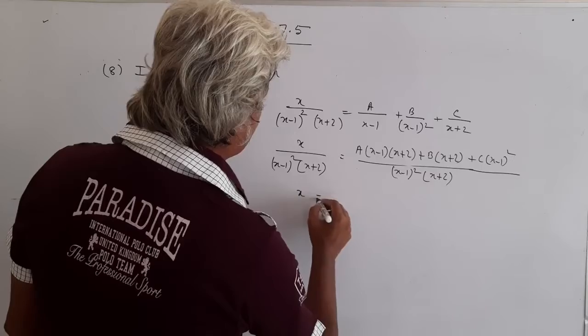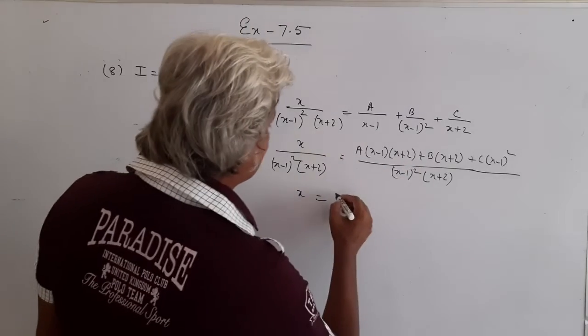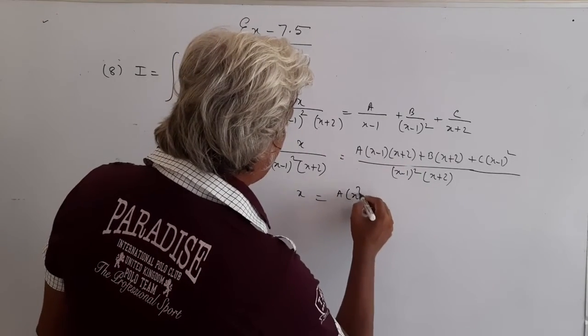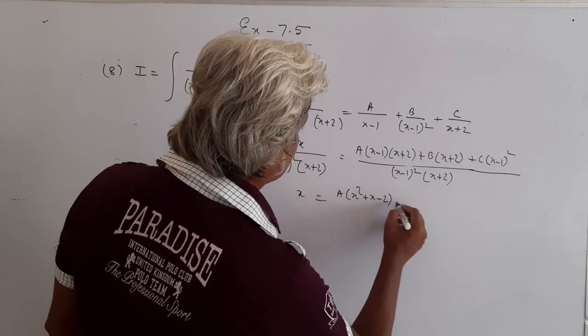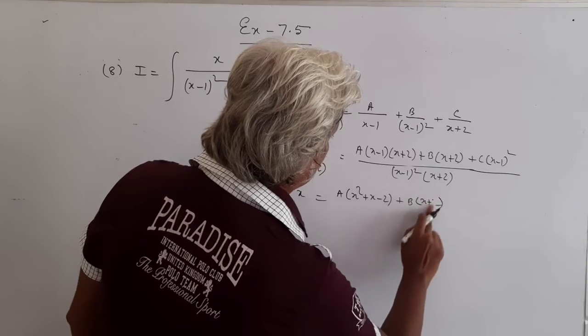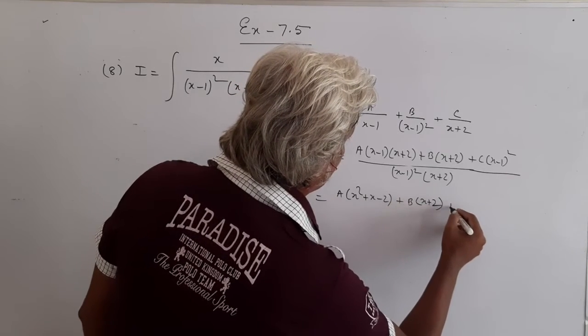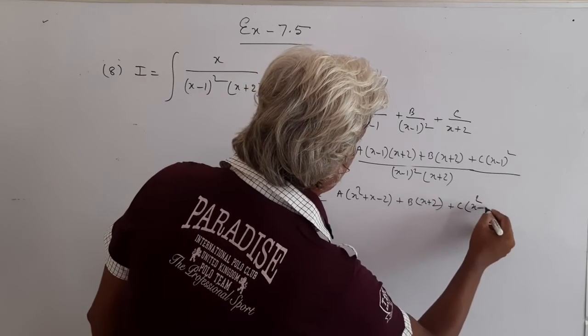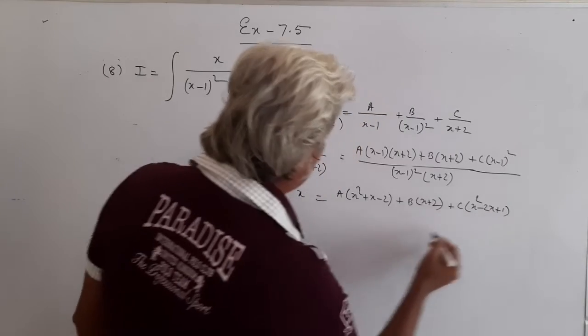So I write x equal to, and at the same time I expand these terms, so it becomes a(x square plus x minus 2) plus b(x plus 2) plus c(x square minus 2x plus 1).